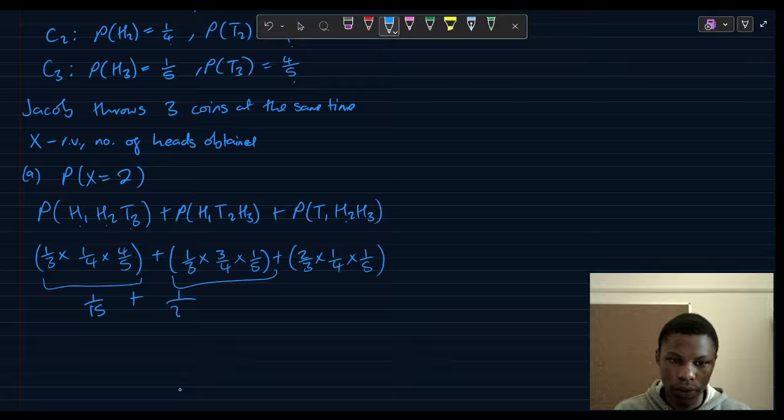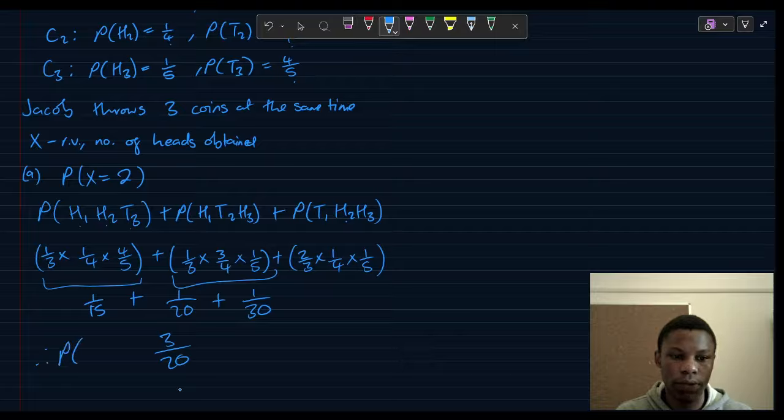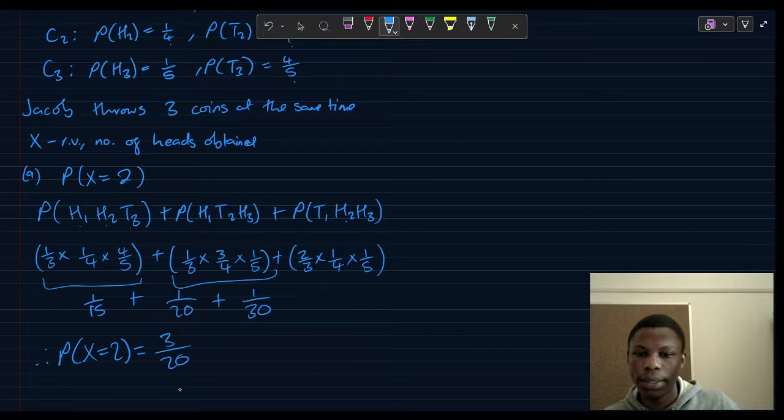That's 1 over 20, plus 2 over 3 times 1 over 4 times 1 over 5. That's 1 over 30. And if we add these up, this does in fact give us 3 over 20. So therefore, the probability that x is 2 is equal to 3 over 20.